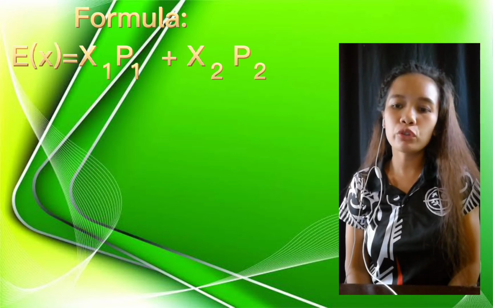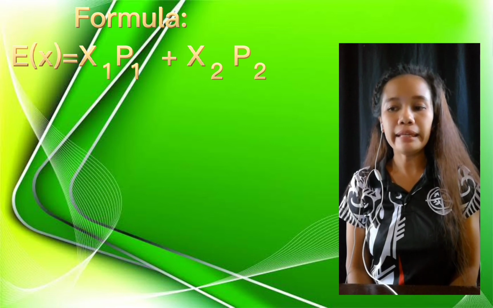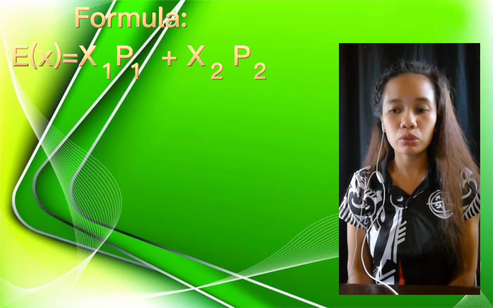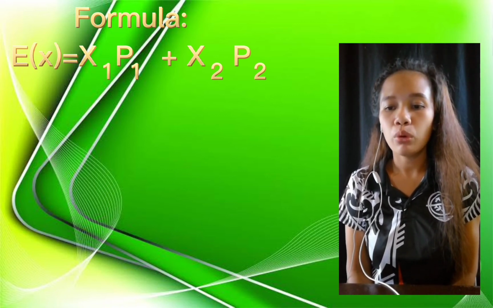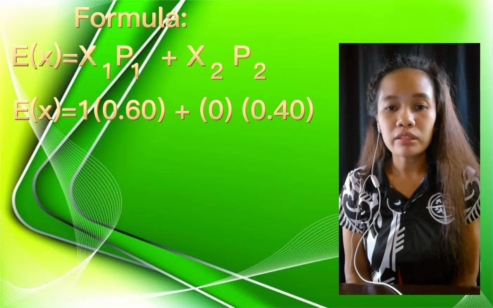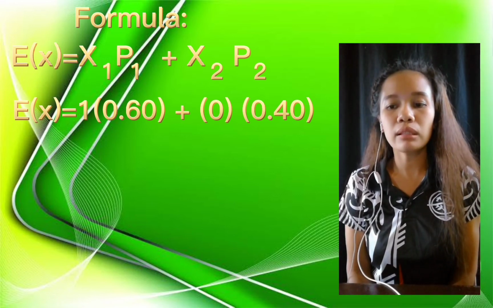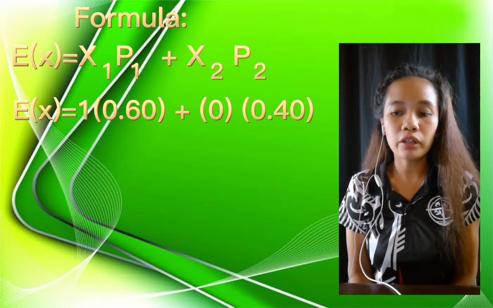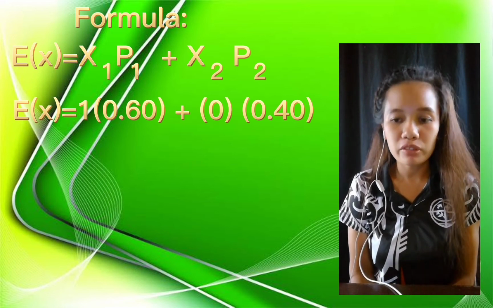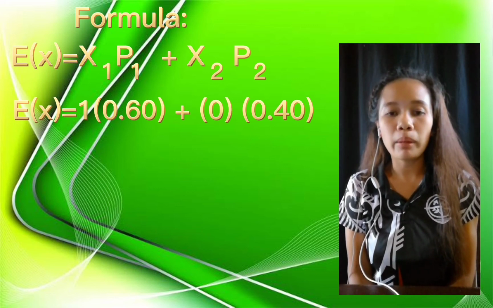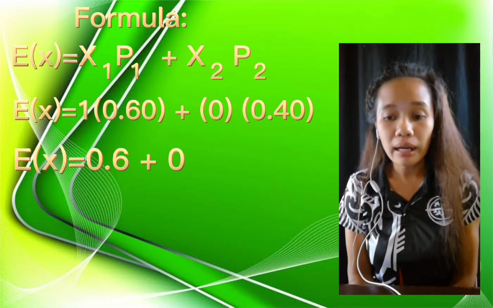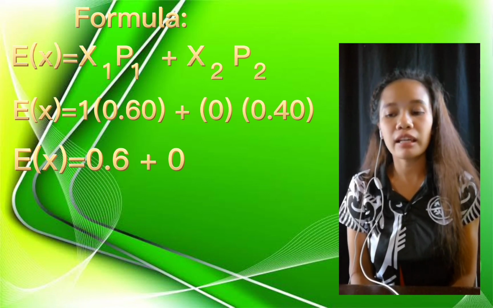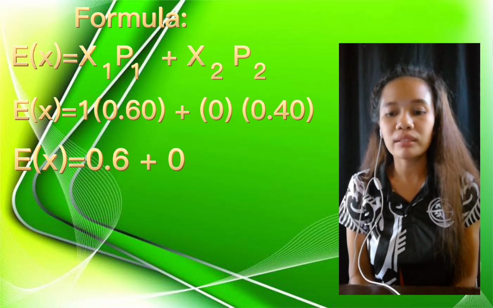Formula using the distribution method, we have here E(X) equals X1 multiplied by P1 added to X2 multiplied by P2. We have a number of years which is 1 multiplied by 60%, which is the probability value, added to 0 years multiplied by 40%, which is our second probability value. 1 times 0.60 equals 0.6 plus 0 times 0.40 equals 0.